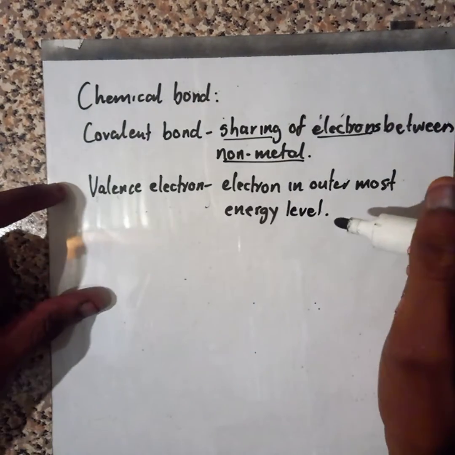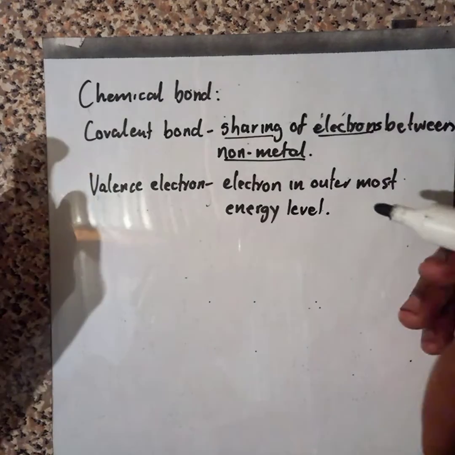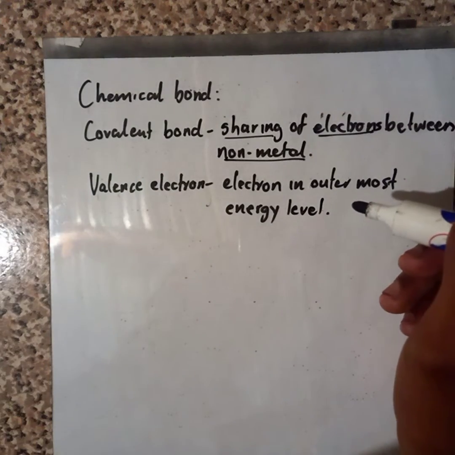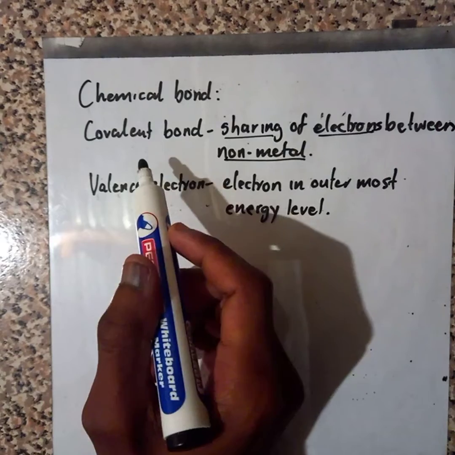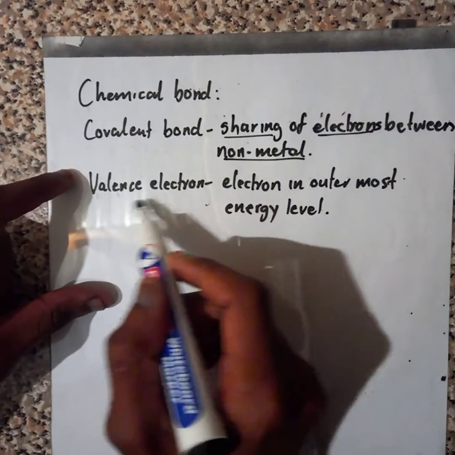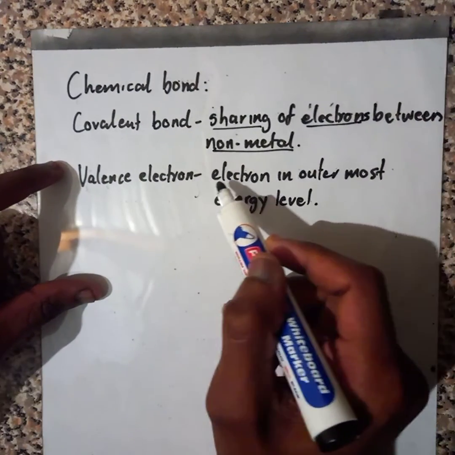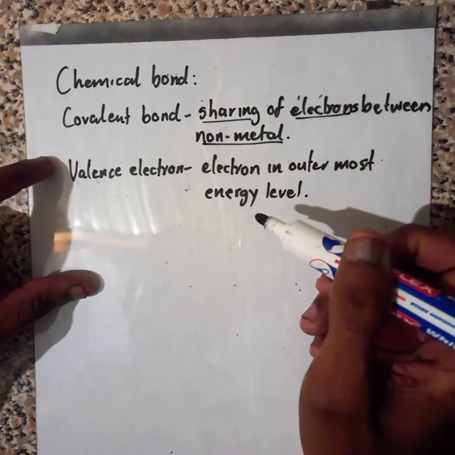Then the core electrons are the electrons in the innermost energy level. But for the sake of chemical bonding, we are going to consider the valence electrons, the outer ones.